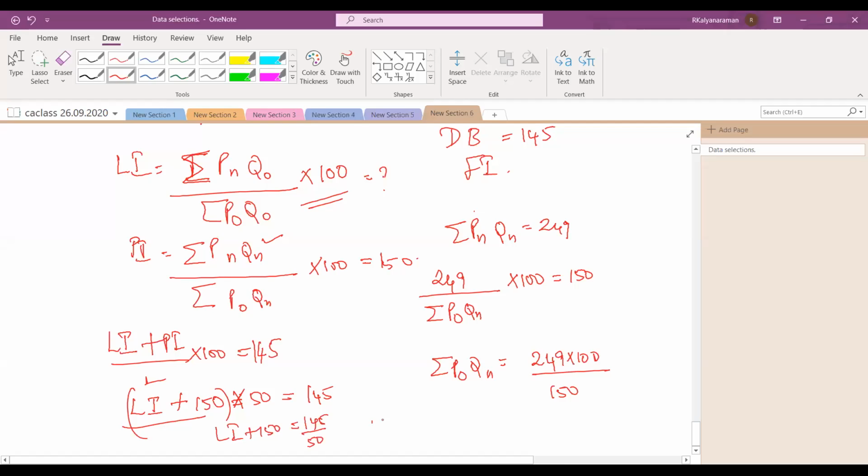So Laspeyres' index is 145 by 50 minus 150. We'll check this calculation again. Maybe we are going wrong somewhere.